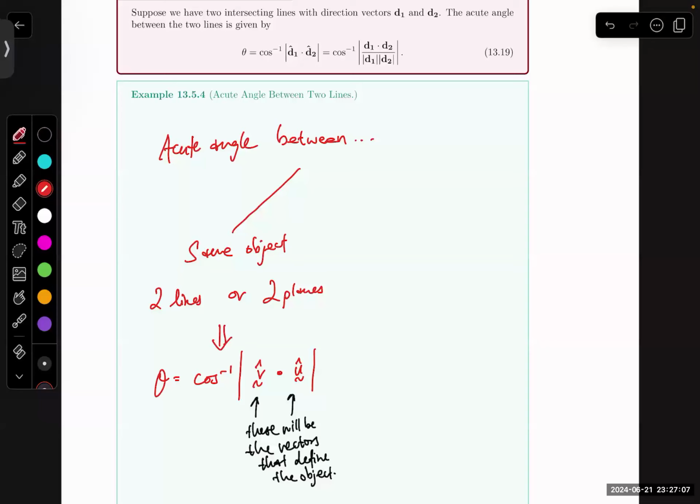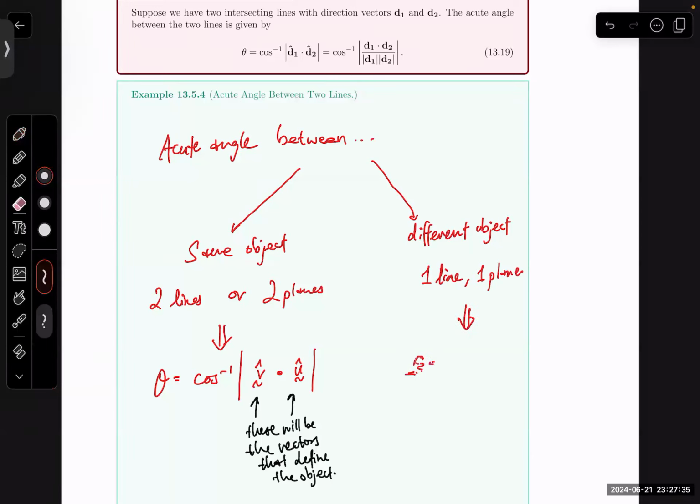Okay, so if it's a different object, usually it's just one line and one plane. If you want to find the acute angle between one line and one plane, it is only slightly different.